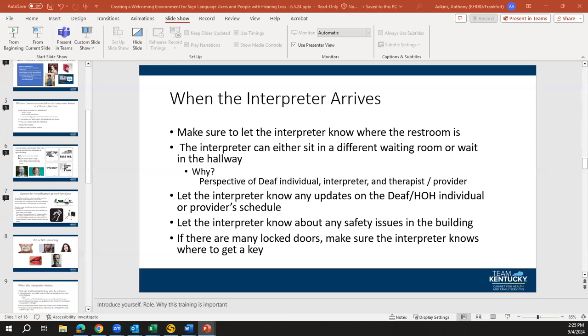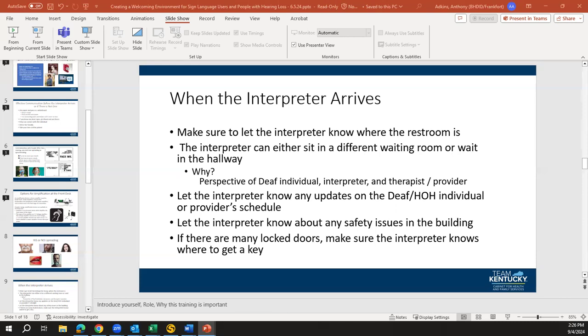It could have been also sensitive. It could have been a sticky situation or something. And the interpreter just needs a little bit of time to recalibrate, take a couple of deep breaths maybe, and get ready for the appointment that they are there for. So that's why we emphasize if you can give the interpreter the option of where they can wait outside of the main waiting room.